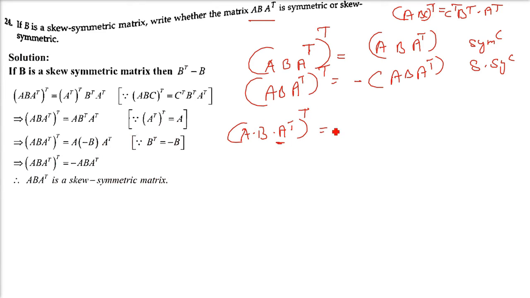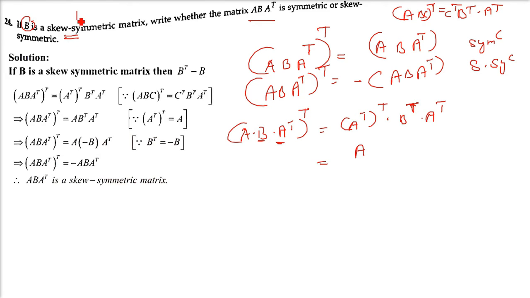So first the transpose of A transpose, then B transpose, then A transpose. The transpose of a transpose is the original matrix. If you take the transpose of a transpose, row to column and column to row, the same matrix will come, so A will come. This is A. This B transpose is given in the question as skew symmetric.